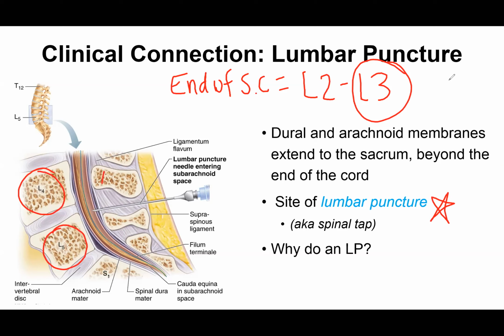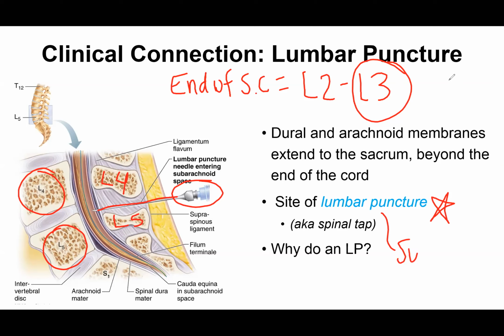So here would be the L4 spinous process, and here's the L5 spinous process. And so what happens is you will stick a needle in between the vertebra until it reaches the subarachnoid space.